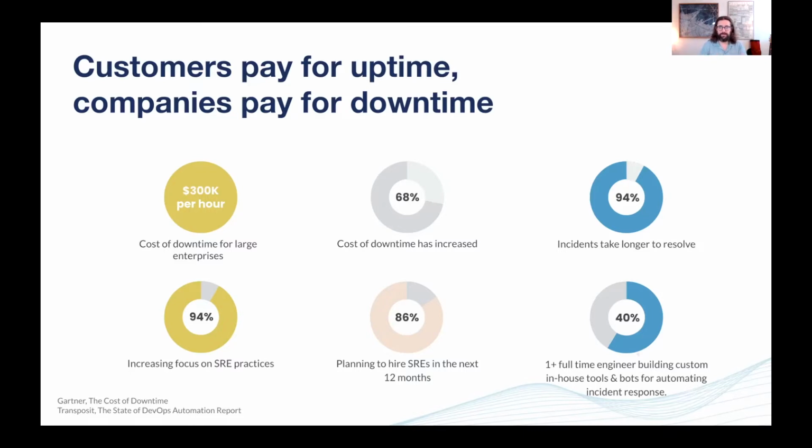As you can see on this slide, it's estimated that this costs large enterprises about $300,000 per hour. And I might guess that that is actually a little bit low, particularly when you look at many of the modern SaaS platforms like streamers who live and die on their ability to stay up. And all of this is just getting more and more complicated.